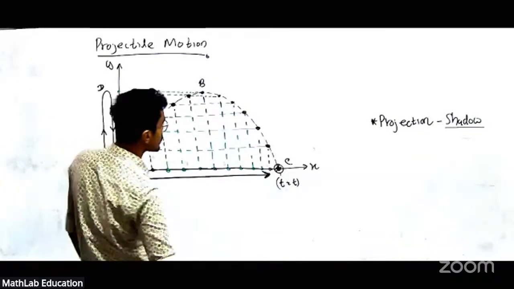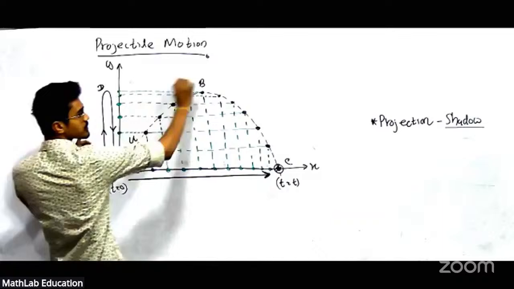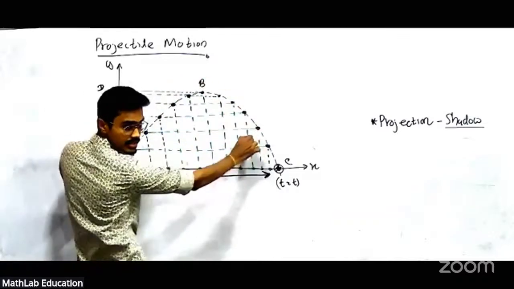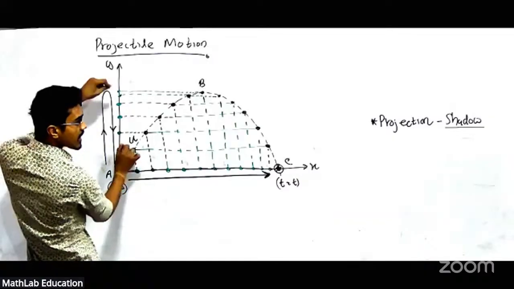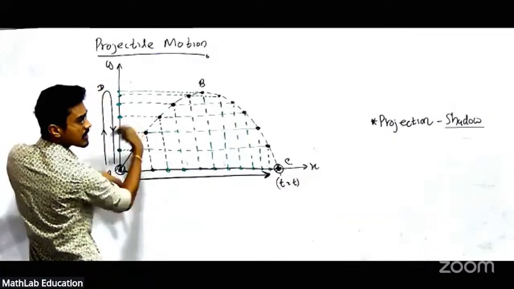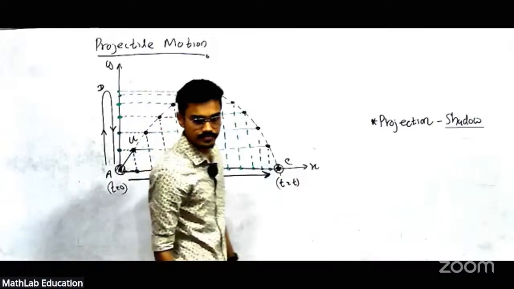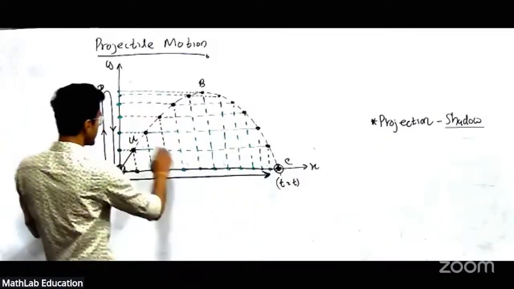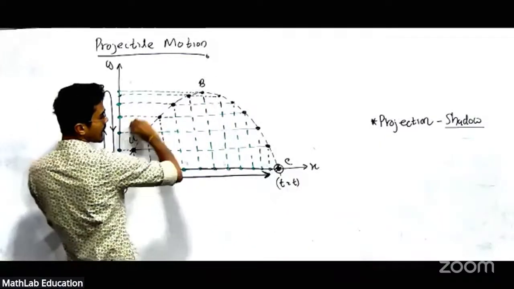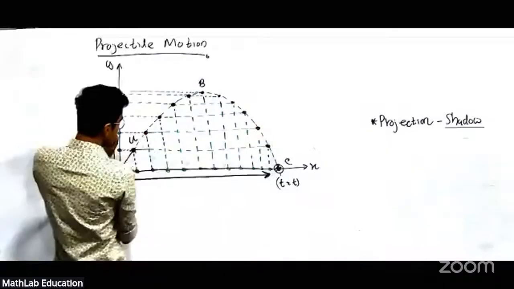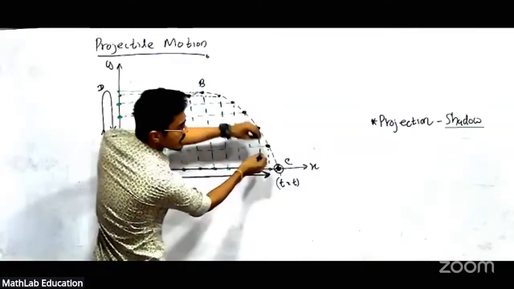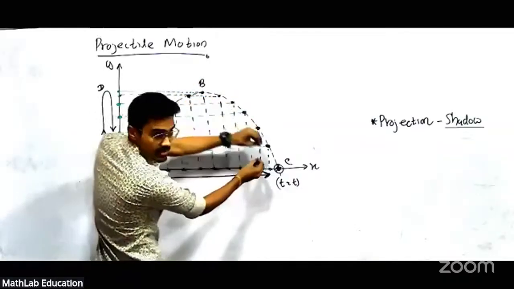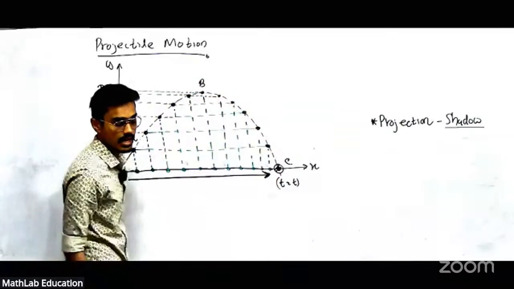When the actual object travels from A to C along the parabolic path, the vertical projection travels from A to D and comes back from D to A in a vertical linear motion, right? And at the same time, when this object travels from A to C in the parabolic path, the horizontal projection travels from A to C in a linear path like this, right? That is what has happened.